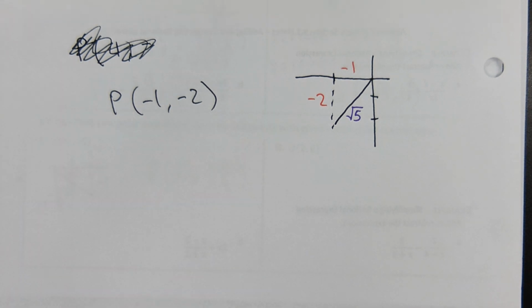Also, there's a good chance you're going to have to deal with a radical in your hypotenuse, and it's a pain to type. There's nothing wrong with using sine or cosine. It's just that it requires you to find the radius first. What if I just wanted the direction angle and I don't care about the radius? Then you would use tangent, so you might as well just always use tangent.